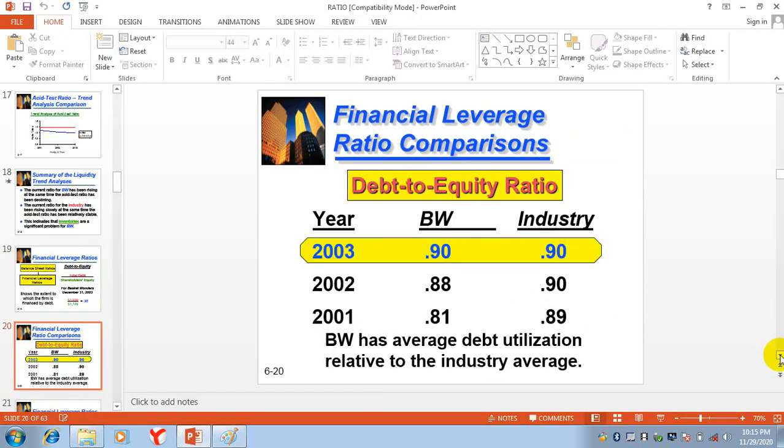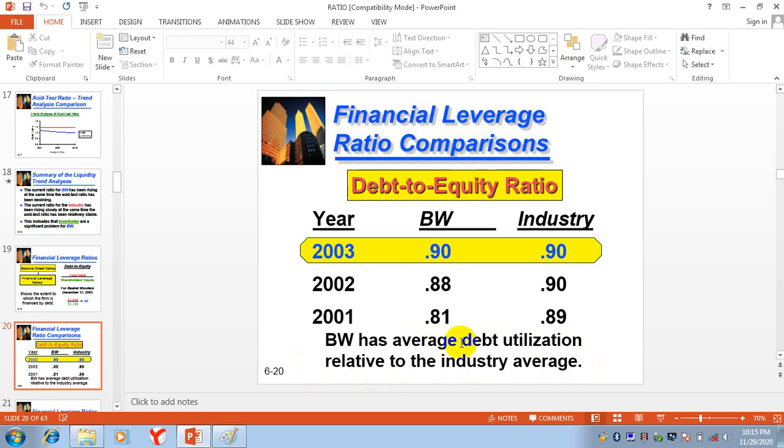Now compare it. 2001 0.81, 0.89. The industry debt ratio was high, 0.88 and 0.90. Still the industry is high. Now we equal the industry average. We have average debt utilization relative to the industry average.